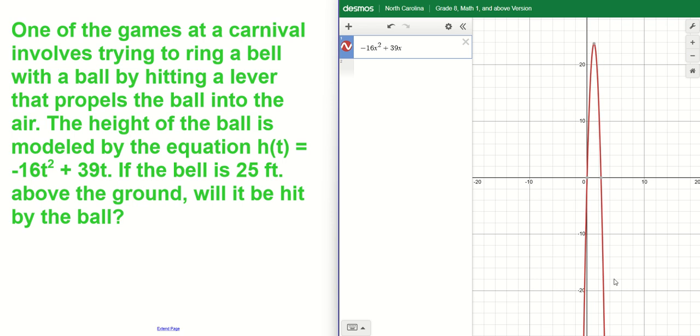And on Desmos, you can always hit the little house to zoom back into the center. And then you might have to zoom out again or adjust it. The other classes, sometimes they zoom out too far, and that makes an issue.